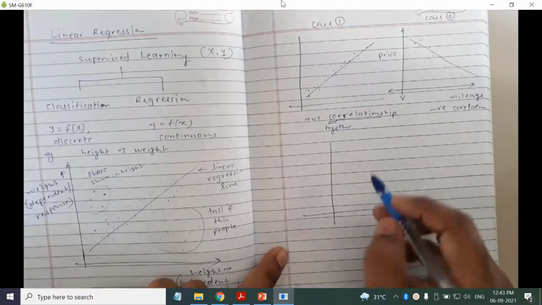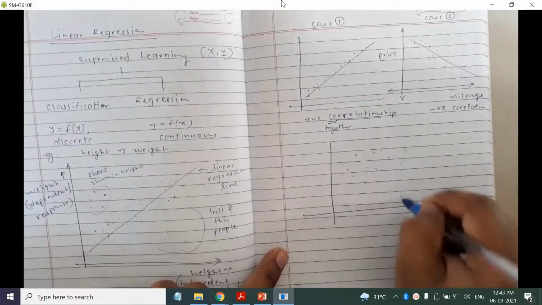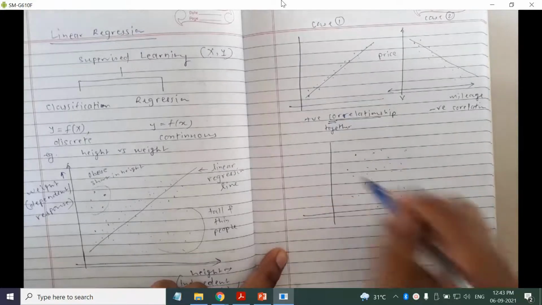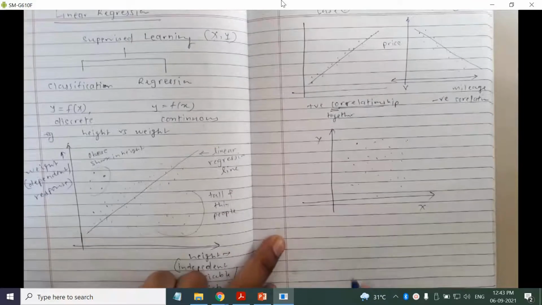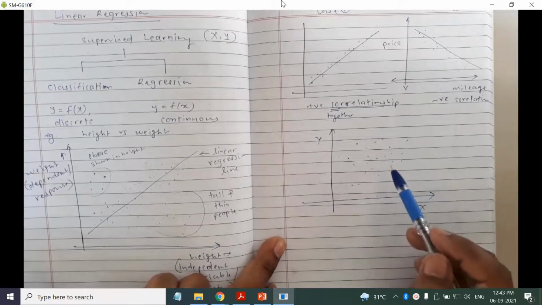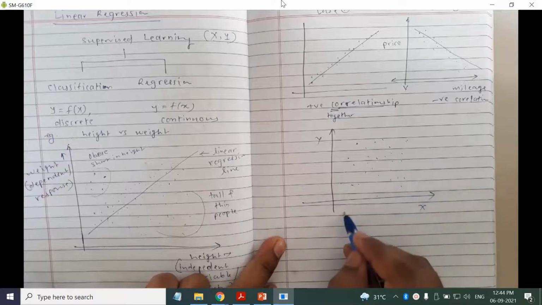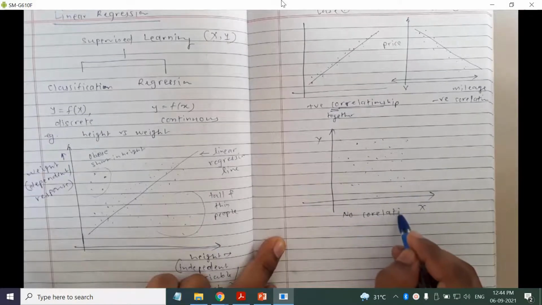Negative correlation. Now, what about this distribution? We have x and y. Now points are scattered all over this space, right? So there is no correlation between these two variables.